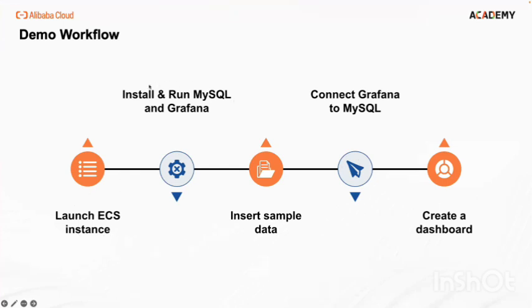We installed MySQL and Grafana on that computer, then we connected to the database. There are many ways to connect to the database. I used CLI to connect to it, and then I created one table, did some data analysis, inserted the data, did some data analysis, and then I used Grafana to connect to that database. And finally, we created a dashboard, and we linked that dashboard also to the website.